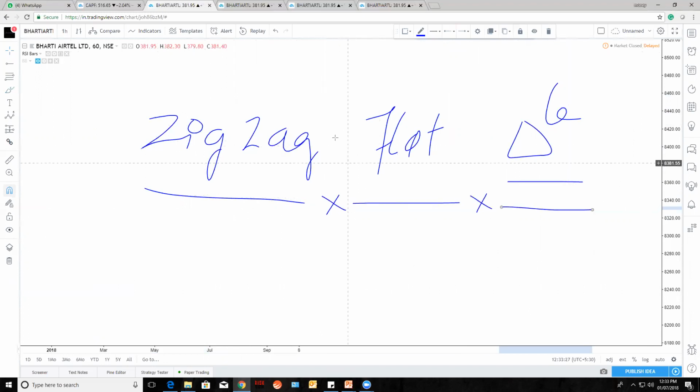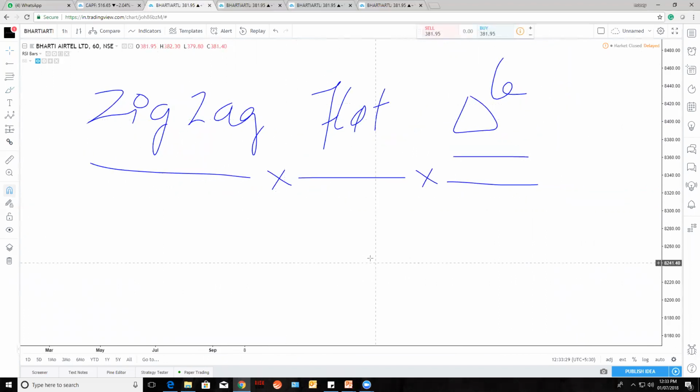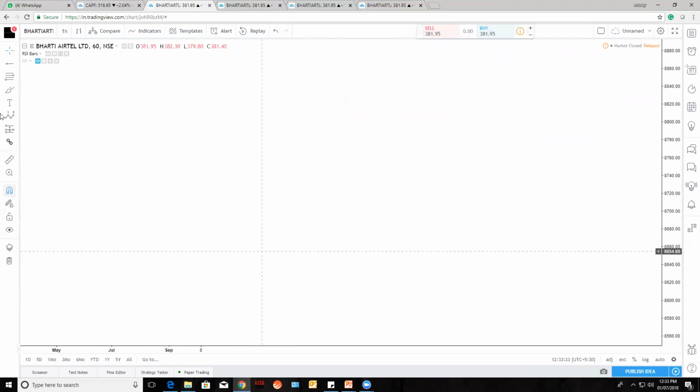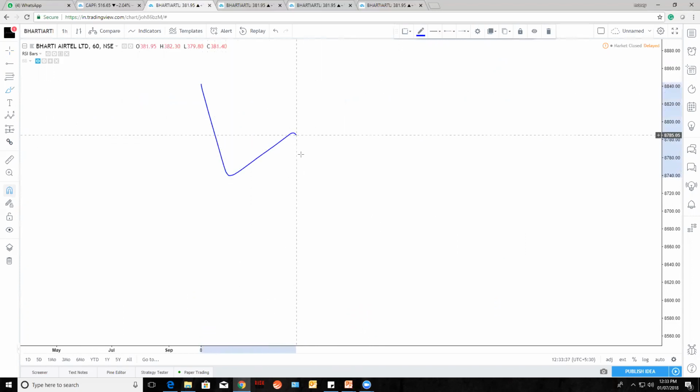Firstly, we will start with the zigzag wave. So what is a zigzag correction? Zigzag correction is nothing but a simple structure of A, B, and C. In zigzag, it's a three-wave structure.